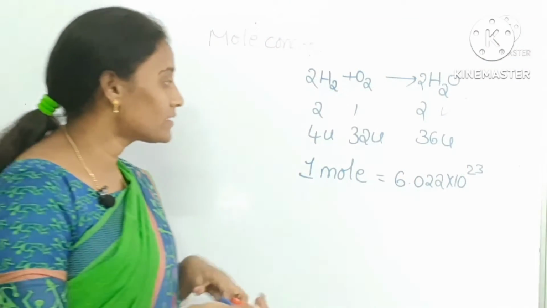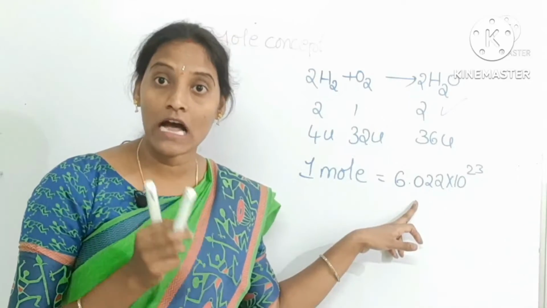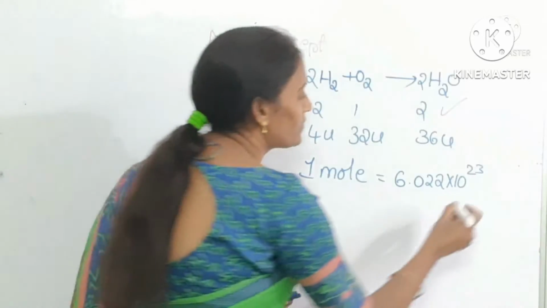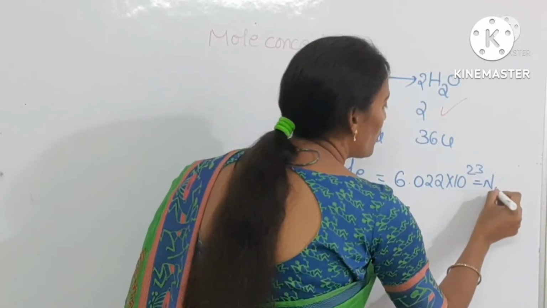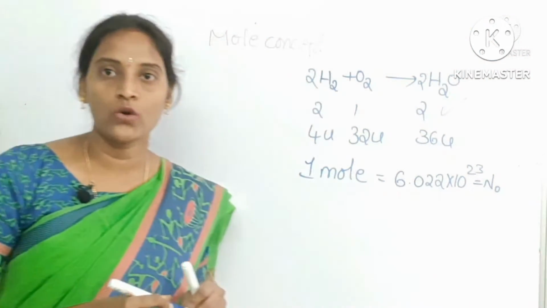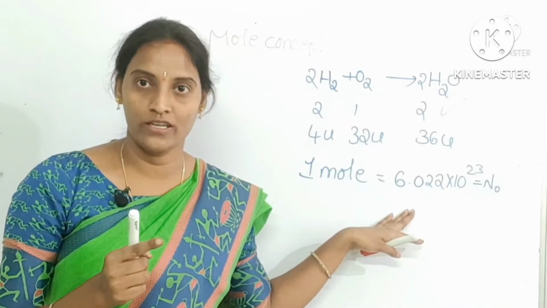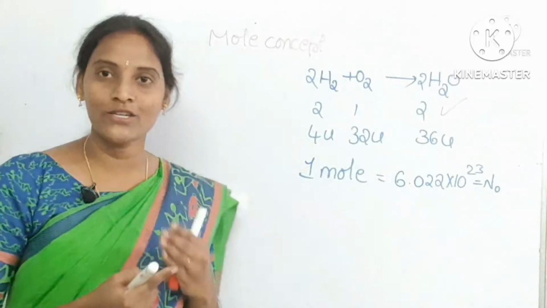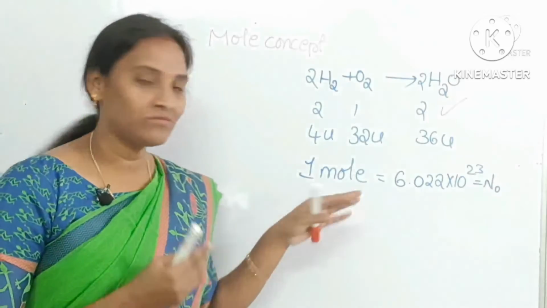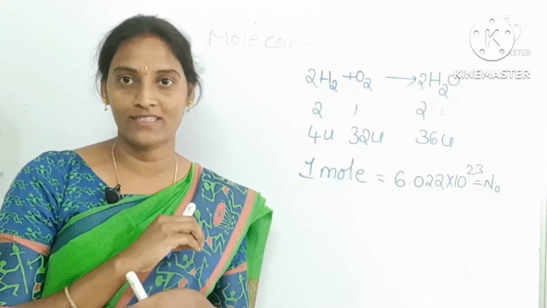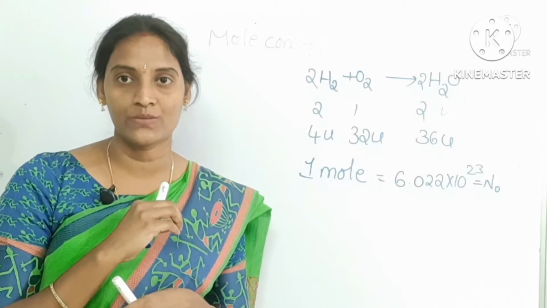This number is also known as Avogadro's constant or Avogadro's number, which is indicated with the letter N naught, capital N naught. This value comes from experimental data only. This number indicates how many particles are present in 1 mole of a substance.